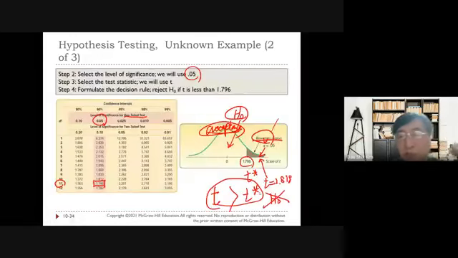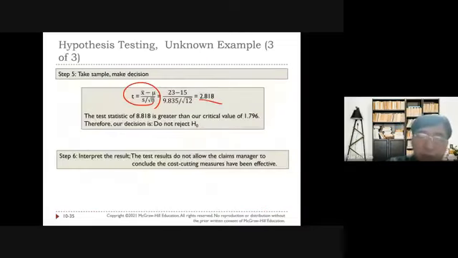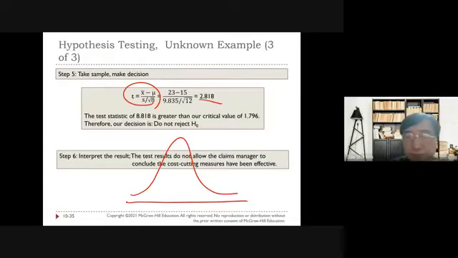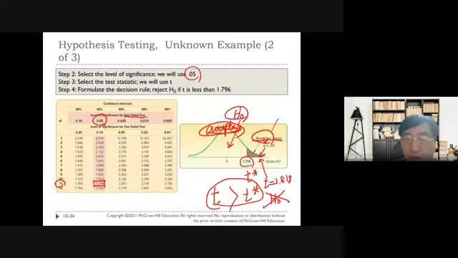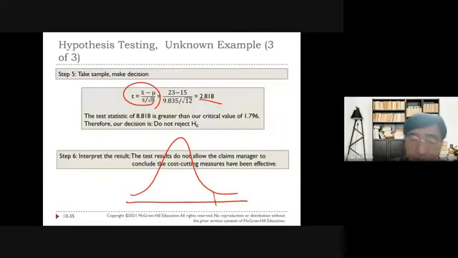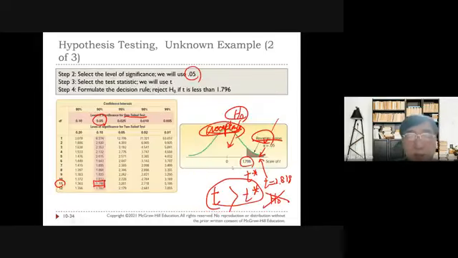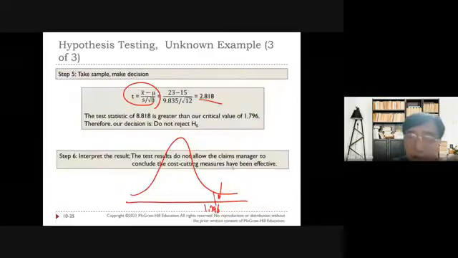Or when we calculate the p-value, I will use, let's say, 1.796. Then this percentage will be 0.05. This is alpha.